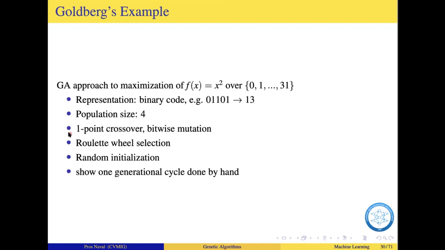Then we also do a 1-point crossover and bitwise mutation. Our selection mechanism would be that of the roulette wheel. Then we randomly initialize, and in this example, let's work this out by hand. Let's work out 1 generational cycle by hand.